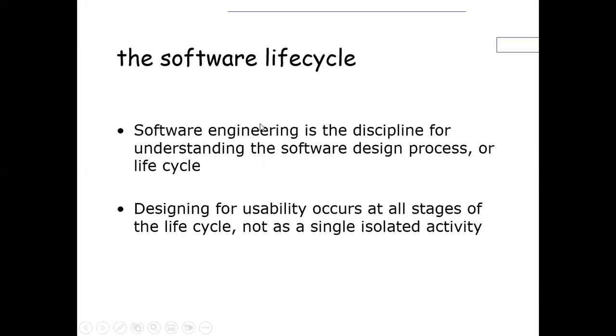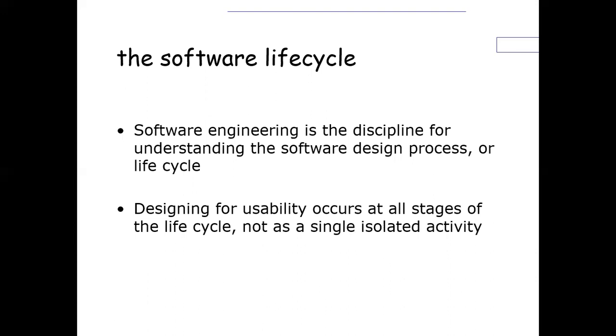The software lifecycle describes the activities that take place from the initial concept formation for a software system up until its eventual phasing out and replacement. So finally, we conclude software engineering as a discipline for understanding the software design process or life cycle method.